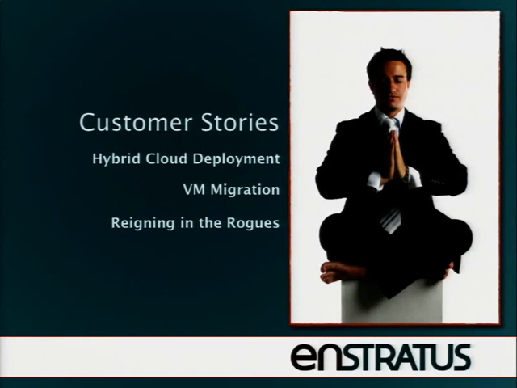So, for example, the first customer story I'm going to go with here is a customer that has a hybrid cloud that's a combination of public and private cloud. The private cloud piece is obviously today being managed via the vSphere API.